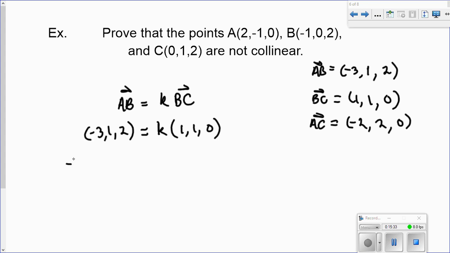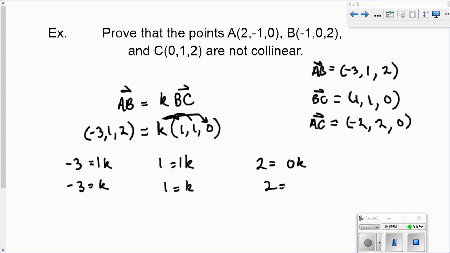So I would need negative 3 equal k. I would need 1 equal k. And all I'm doing here is equating components. And I would need 2 to equal 0 times k, or 0k. And that would be 0.